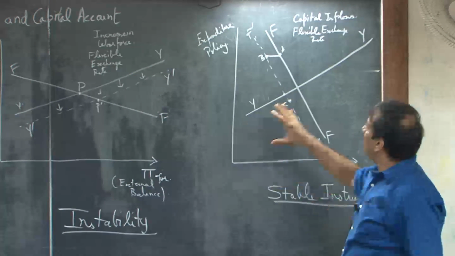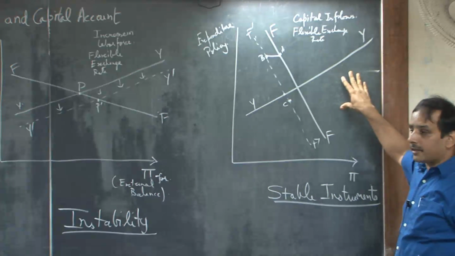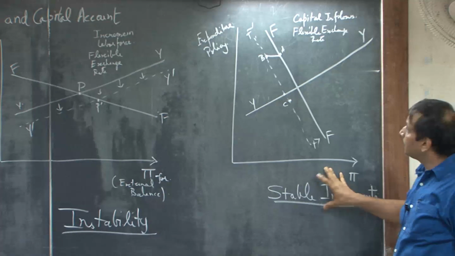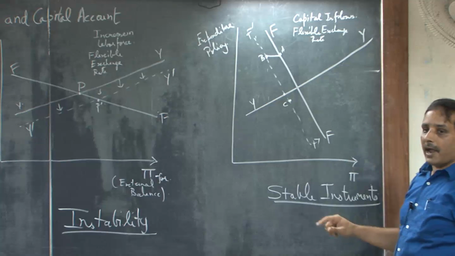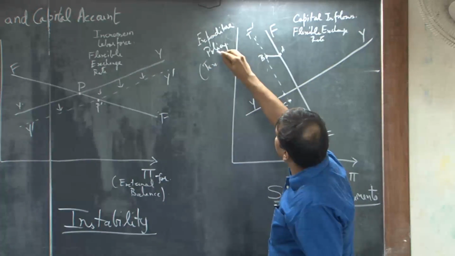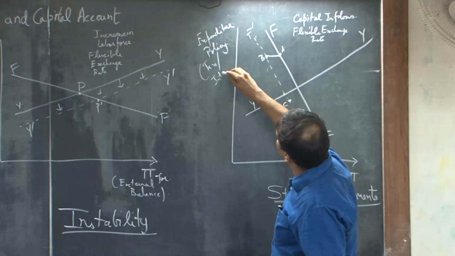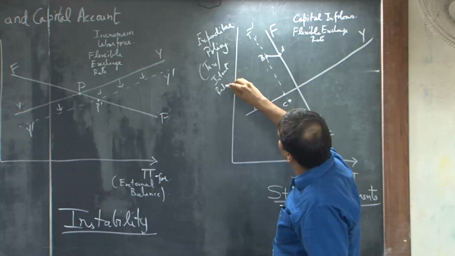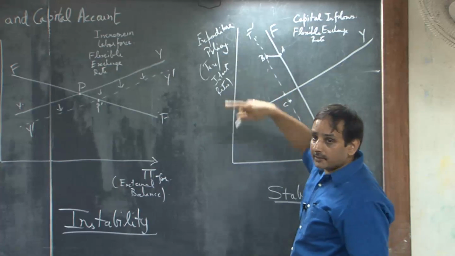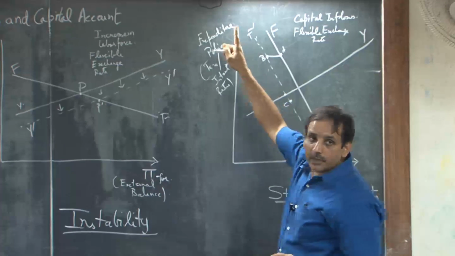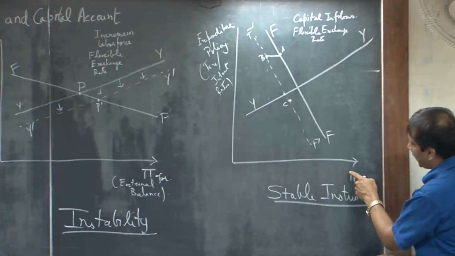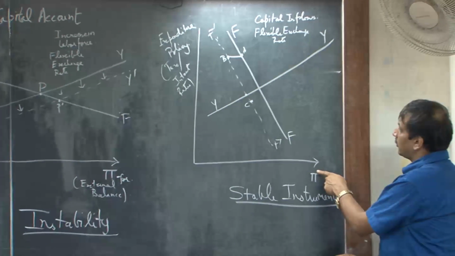To just recall, let's look at this diagram where you had a set of stable instruments. Again, come back to that diagram where you had expenditure policy, you had tax, and you had interest rates. So both monetary and fiscal policy was on the y-axis. If you moved up, it would mean more restrictive expenditure policy. If you moved to the right, it would mean depreciation of the currency.